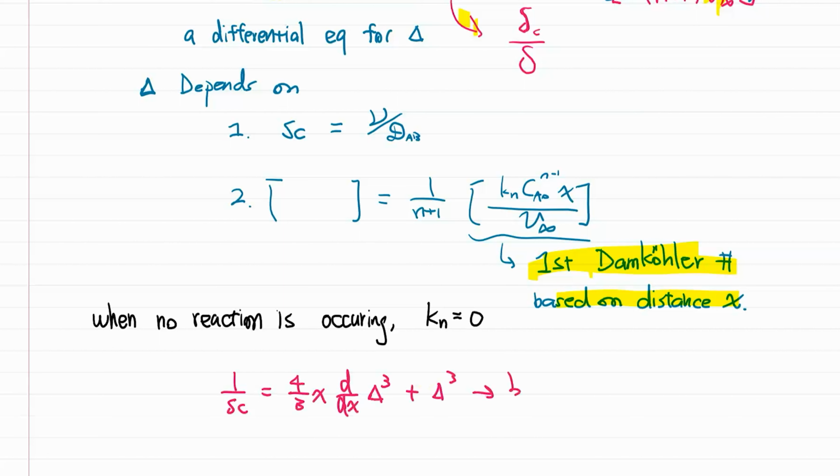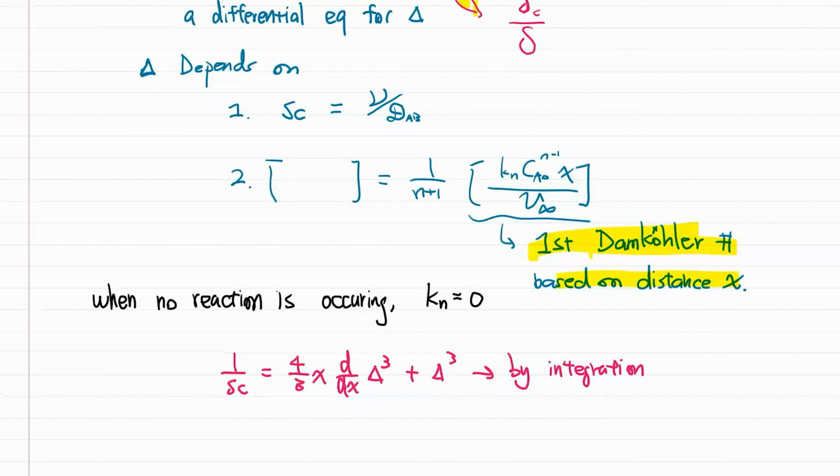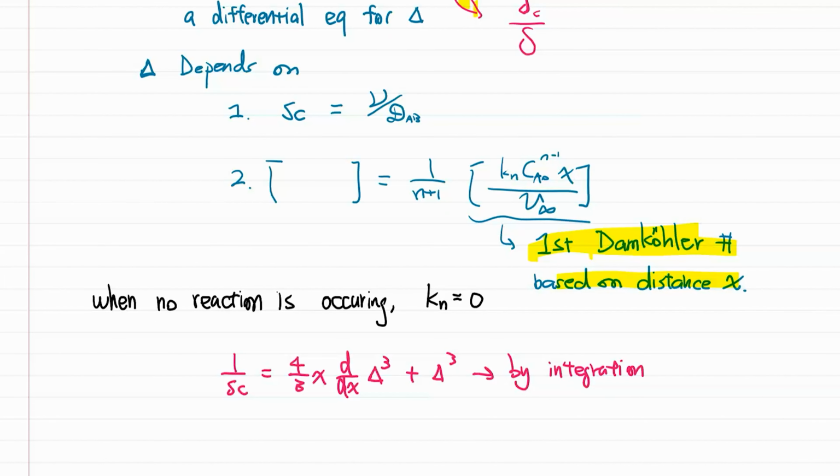And just by integration, using the integrating factors, you can get the solution. The solution would be capital delta cube equals 1 over Schmidt number plus some constant over x to the 3rd quarter power.